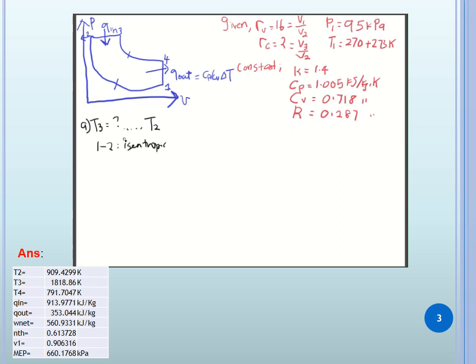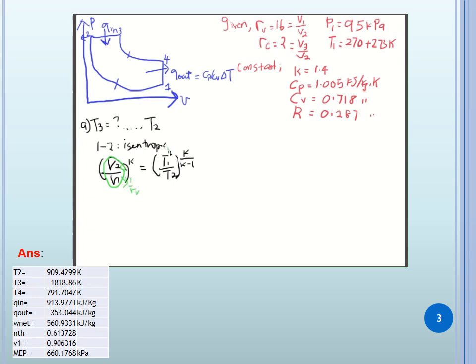From the isentropic formula, we know that V2 over V1 to the power of K minus 1 equals T1 over T2. We know that V2 over V1 is actually 1 over RV.